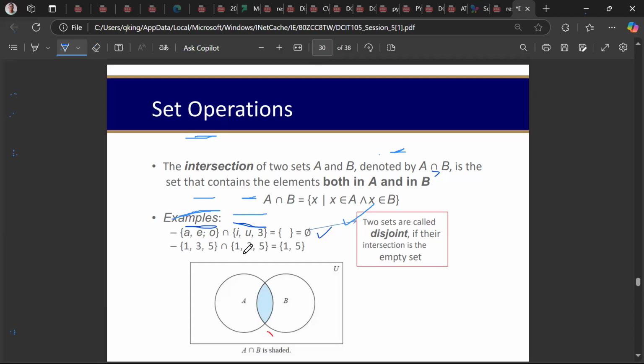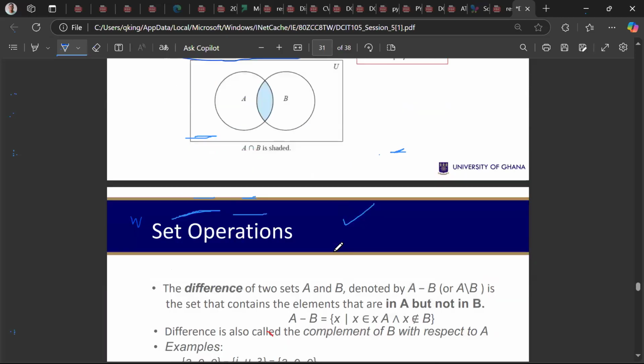And with the second example here, because we have 1 and 1 here, and also 5 and 5 here, the intersection now becomes 1 and 5. All right.